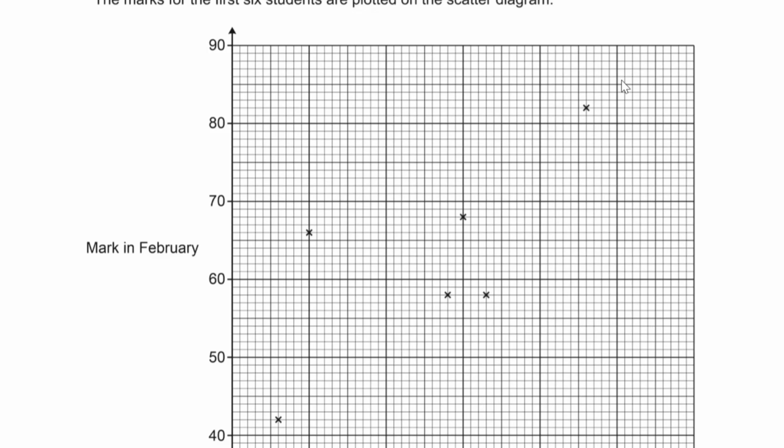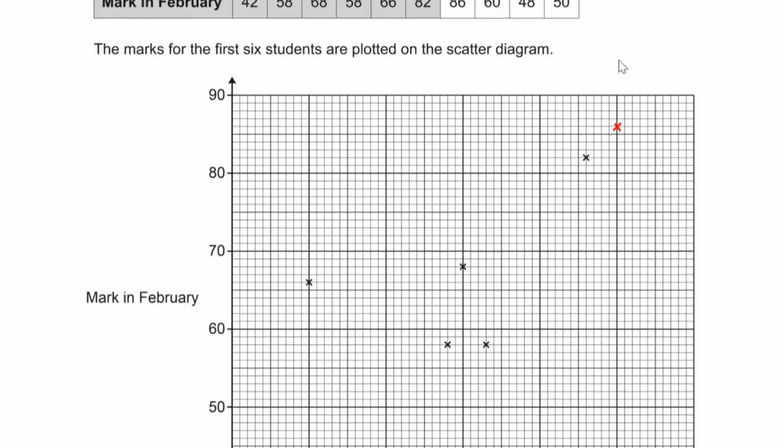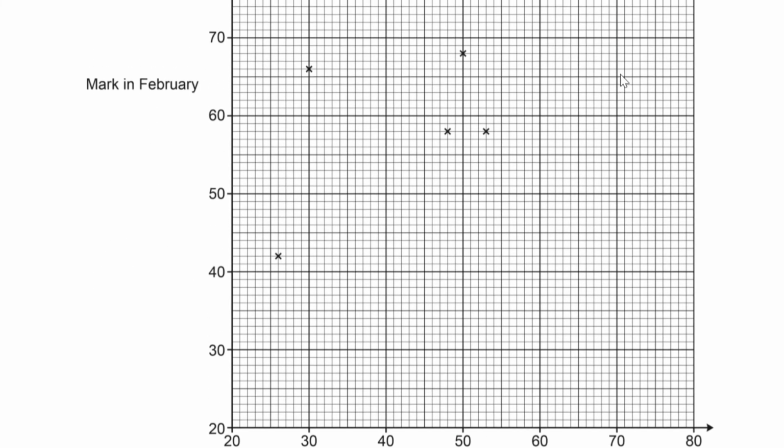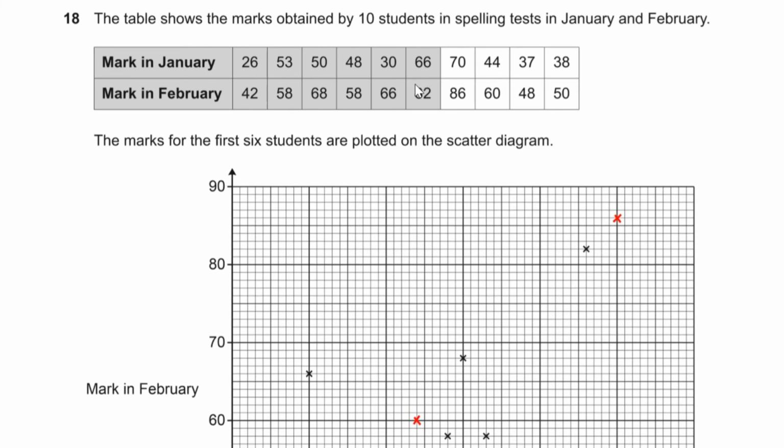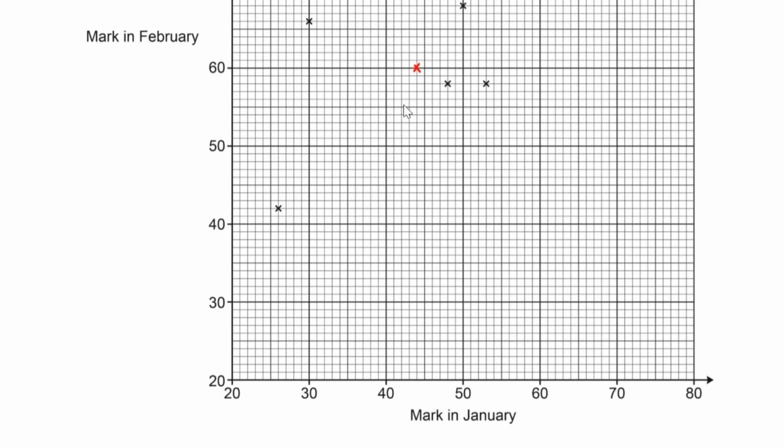So we have this point plotted. Next we have 44, 60, so 44 is here, and then 60 goes here. Then we've got 37, 48, that goes here.